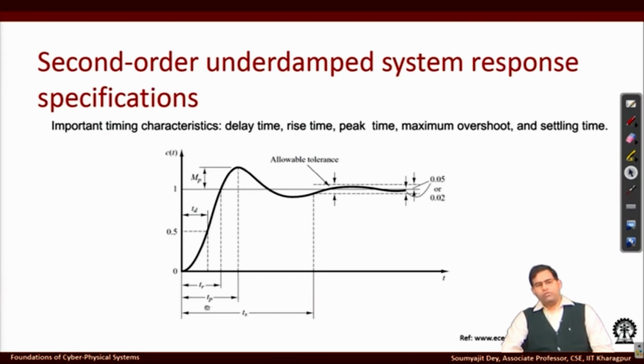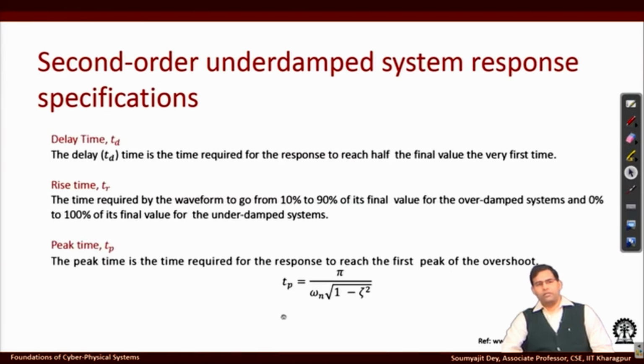Let Tp be the time when this maximum overshoot occurs, and the rise time is when you first cross the value 1. Then you have a settling time criterion, which says that the curve settles within 2% or 5% of the target value. Different places have different settling time criteria, and accordingly you can design Ts.